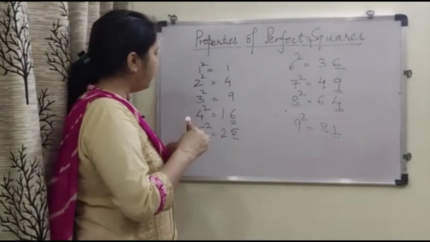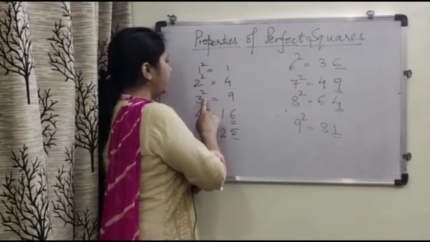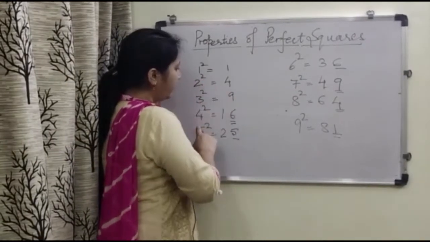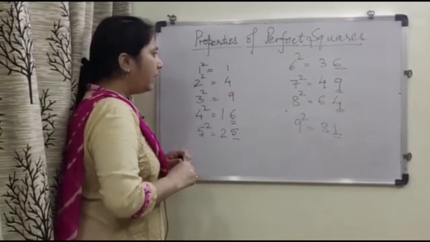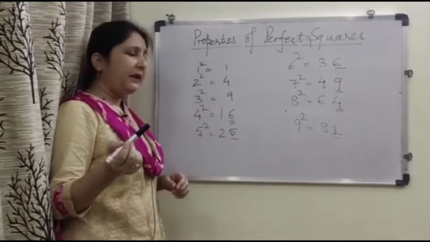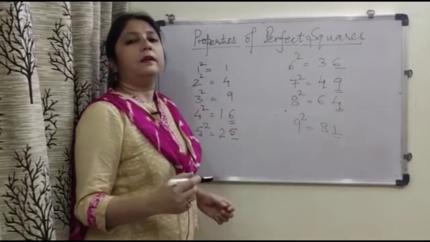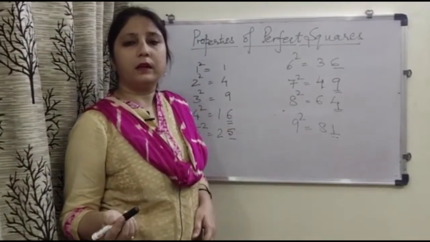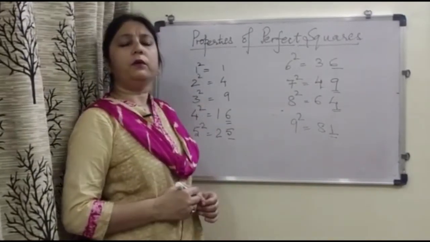So if you observe this pattern, you could easily see that whenever we have squared numbers from 1 to 9, the unit digit will be one of these digits or 0. The case of 0 we have considered as a special case. We will discuss it in this video.